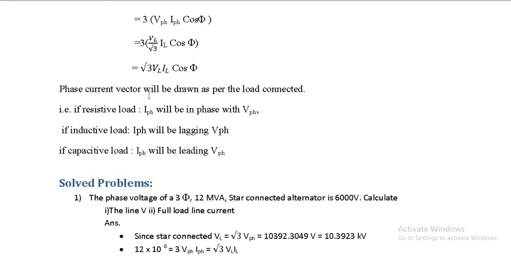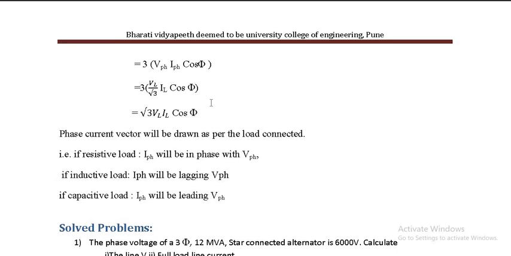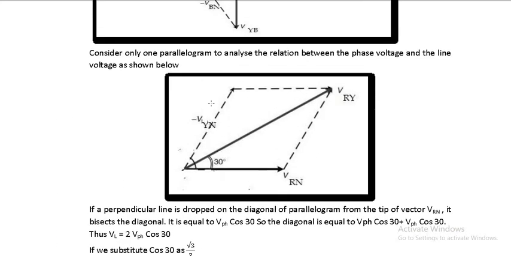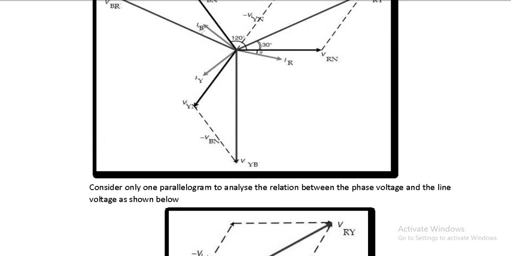Okay, so the phase current vector will be drawn as per the load connected. What I mean by this is, you can see over here we had drawn the phase voltages VR, VY and VB 120 degrees apart. Depending on whether it is a lagging load, leading load or resistive load, the current will be drawn. Over here you can see IR I have shown lagging behind by a certain angle.